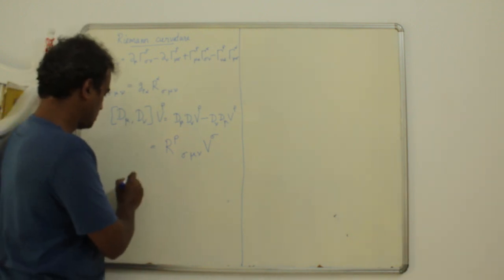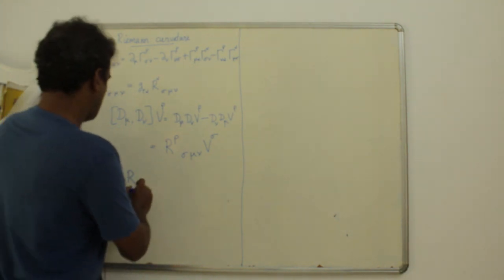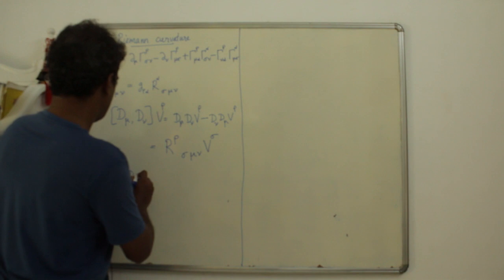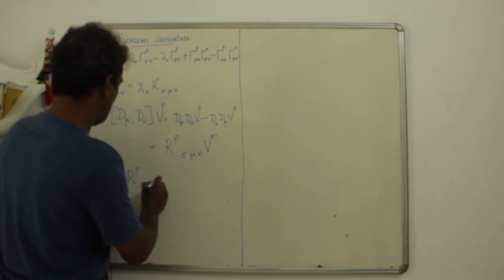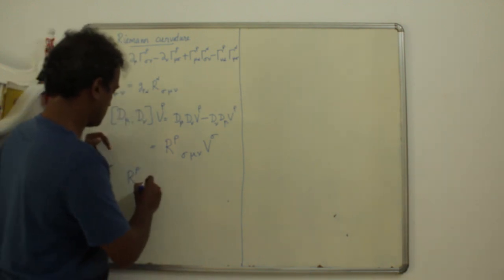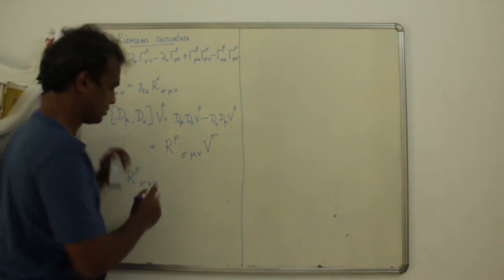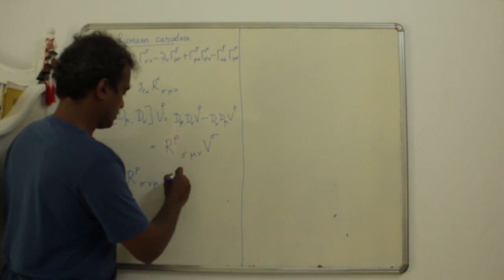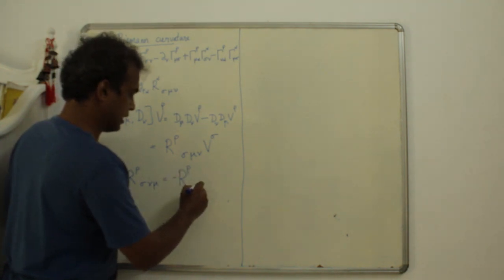One is the fact that under the exchange of the last two indices of the Riemann tensor, the tensor is antisymmetric.